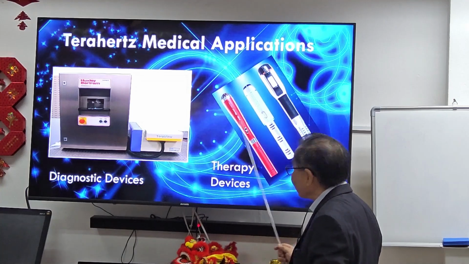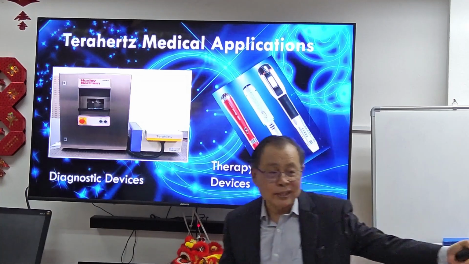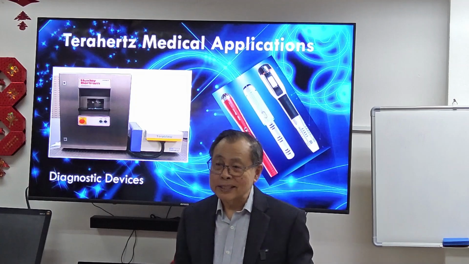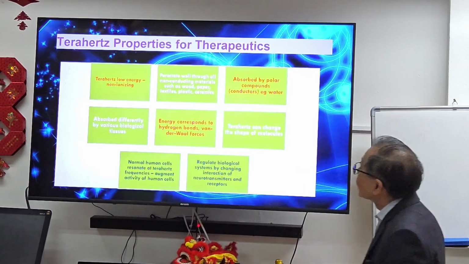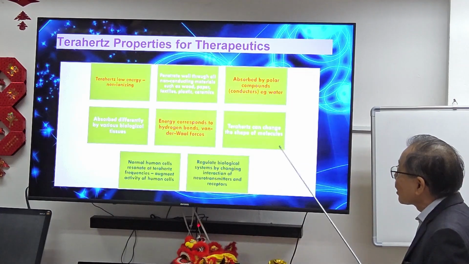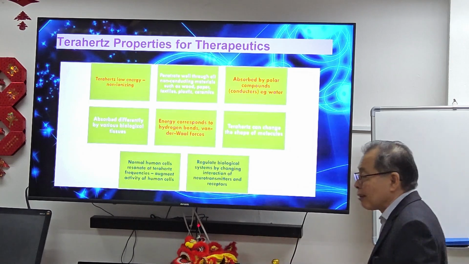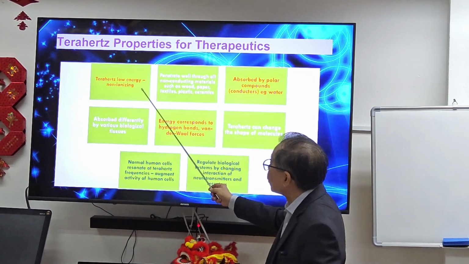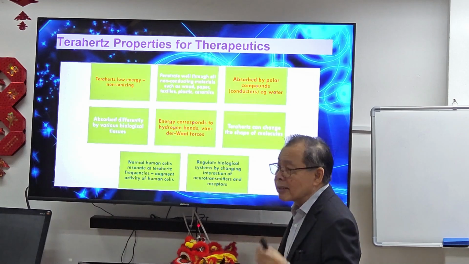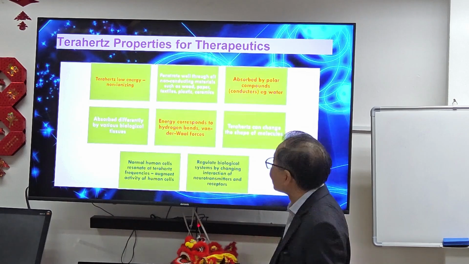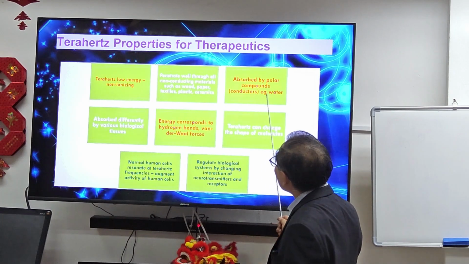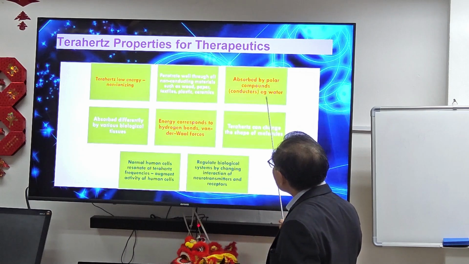Then TeraHertz itself can be used for therapy. That's what we all have here, all TeraHertz therapy devices. So what are the properties of TeraHertz that make it useful for healing purposes? One is low energy. It doesn't ionize any molecule. It is absorbed by polar compounds.